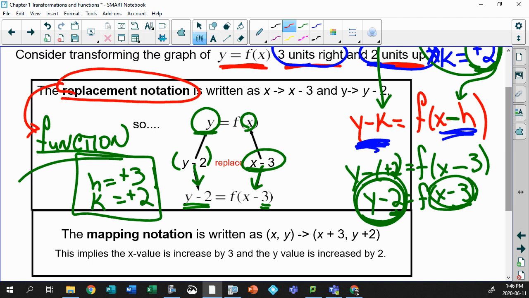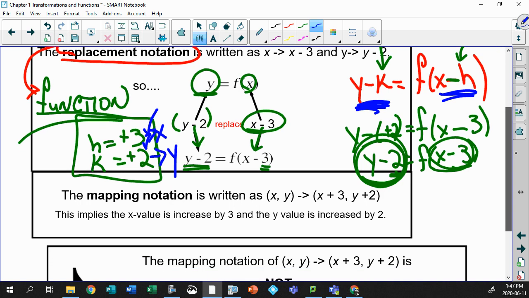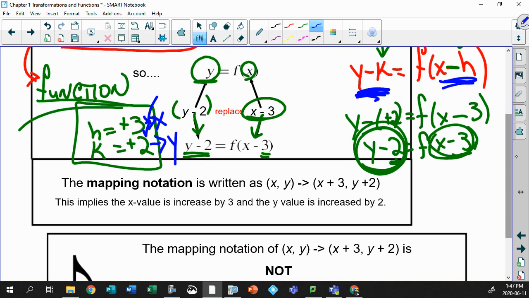Now, what does this h and k thing mean? This h means that every x value is going to be moved right 3. Every y value is going to be moved up 2. So that's what mapping notation will tell you. When you're dealing with mapping notation, you're dealing with a point.